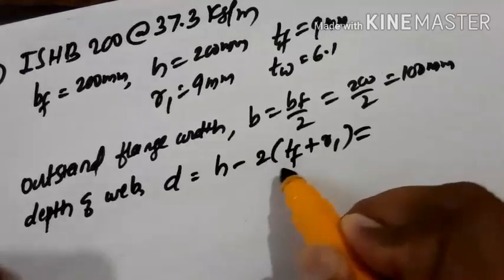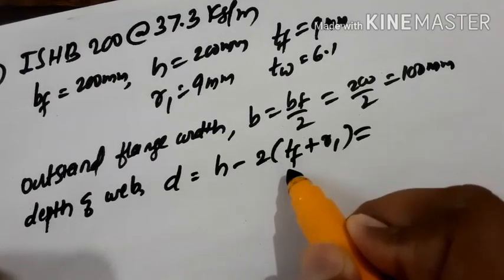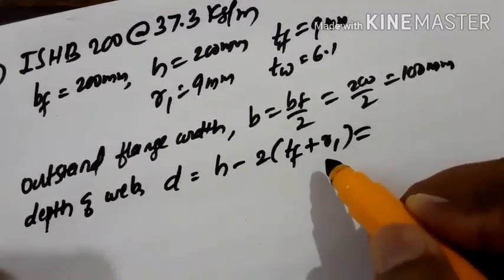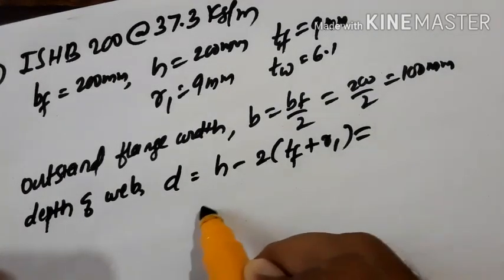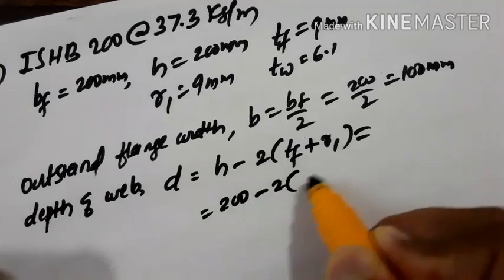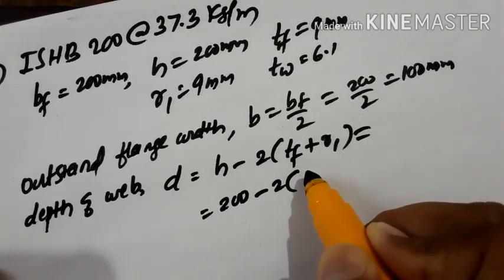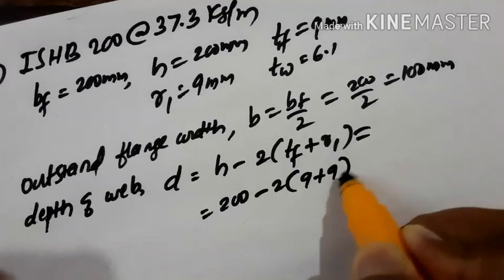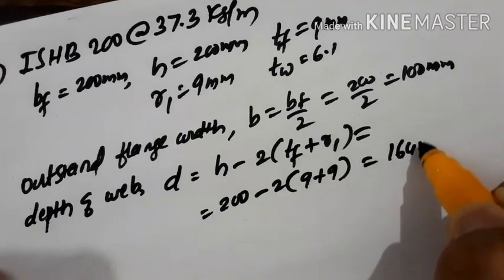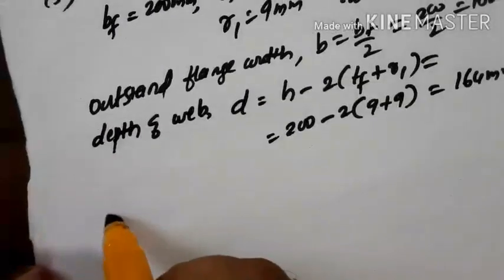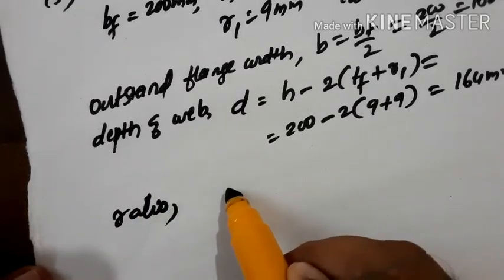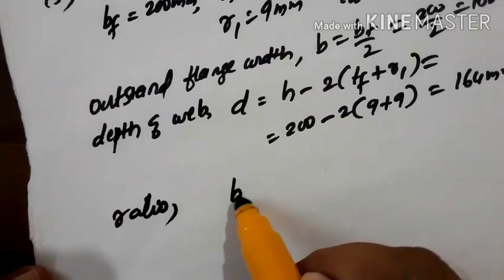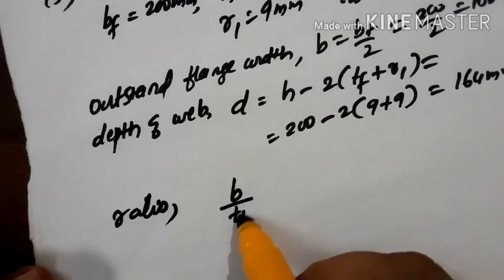I explained about this one, how it comes. So if you deduct that, 200 minus 2 times of thickness of flange 9 plus 9, you will be getting 164 mm. Then calculate the ratios of different elements. The first element I'll consider is the flange element, then the ratio of width to thickness of flange.